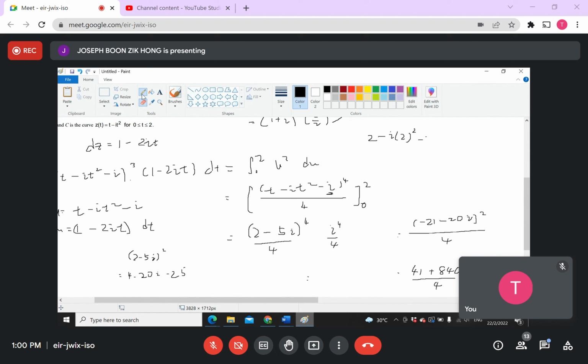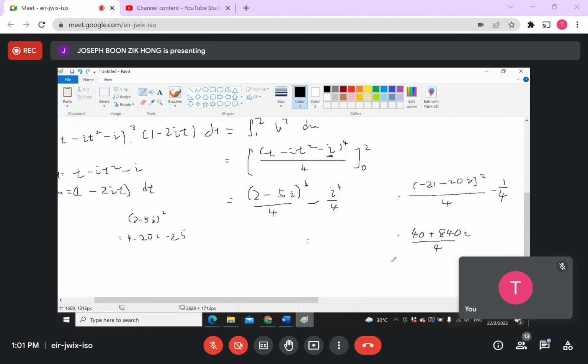Because it's power of 4, negative also becomes positive. So I4 over 4, with I square being negative 1, is equivalent to minus 1 over 4. So minus 1 over 4, that's why this one will become 0. Thank you so much. Sorry, I just didn't find that. So this one should be equal to 10 plus 21i.